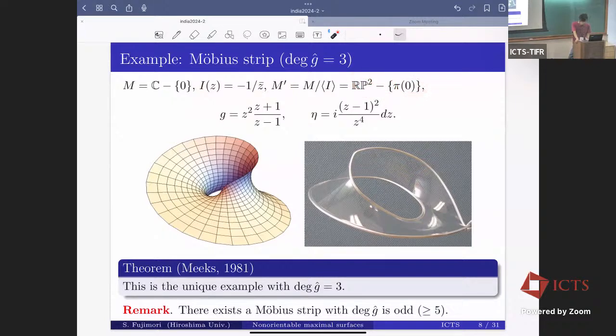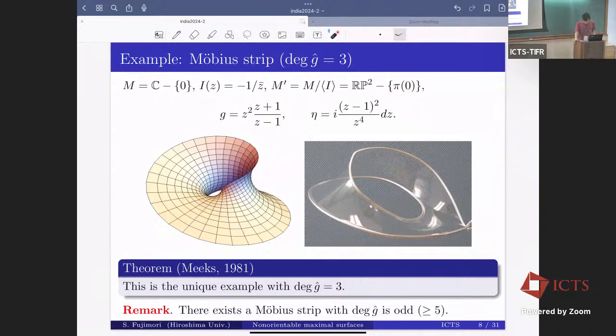He defined G and eta this way, and computed the residue at the end. Then he could show that this is well defined, and we have a Möbius strip. So this is also a model of the Möbius strip.